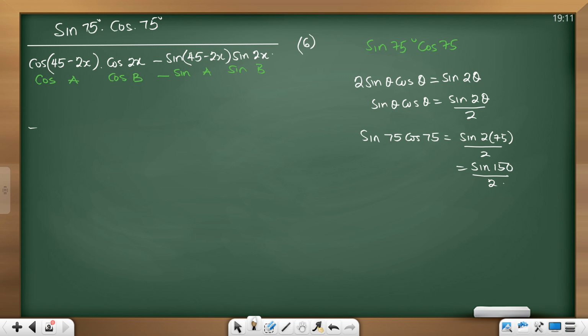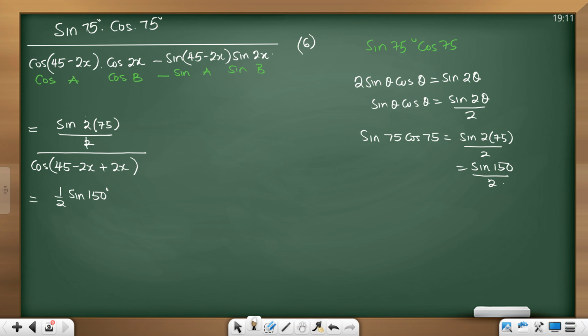So if I were to come back here, I would have said this is what? Sine 2 multiplied by 75 over 2. Now, divided by, that's a compound angle formula, cos A plus B. So what is that? Cos 45 minus 2x plus 2x. What will this be? This is 1 over 2. I can do this. Sine 150.